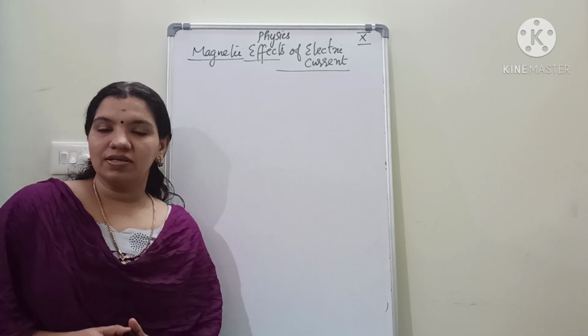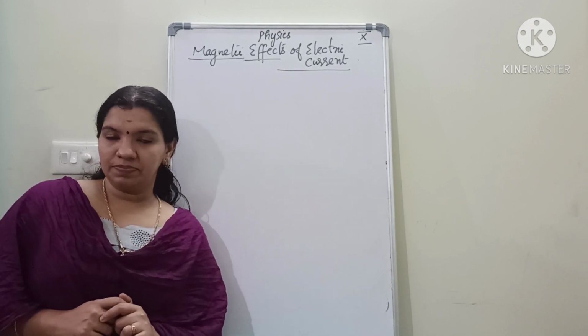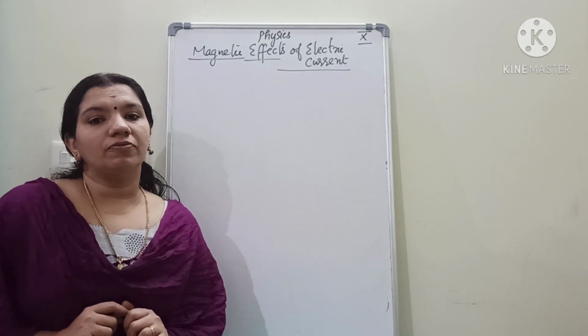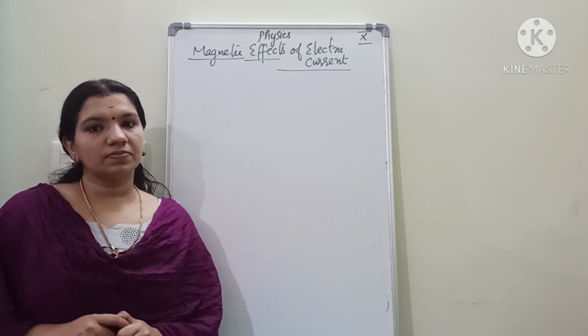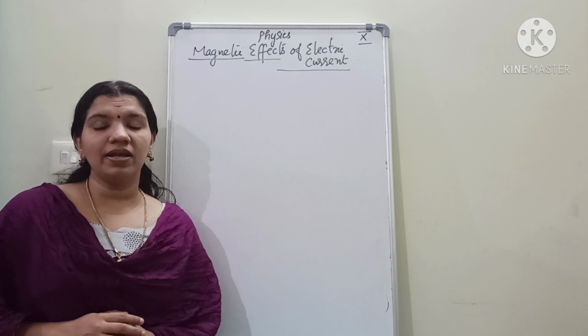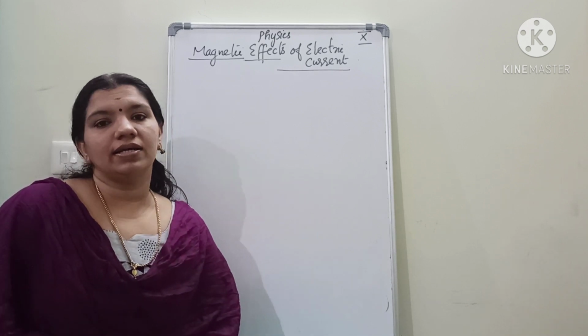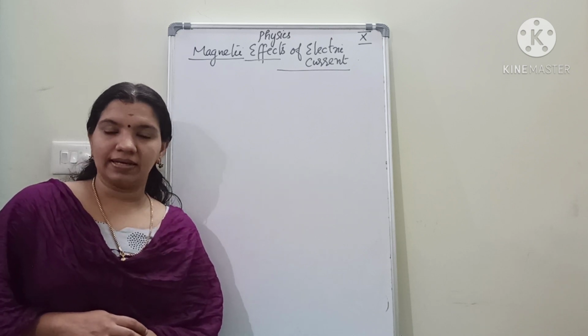So in the previous class we discussed main topics like the magnetic field, isn't it? Also the field lines, or lines of force, and one experiment, the Oersted experiment, which shows that a current carrying conductor always behaves like a magnet.